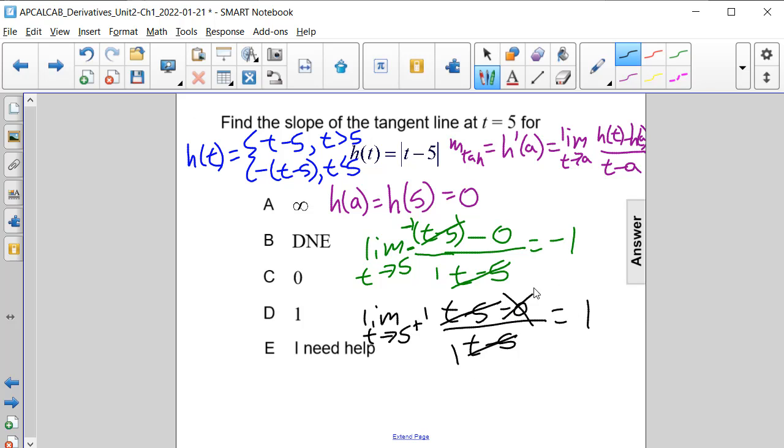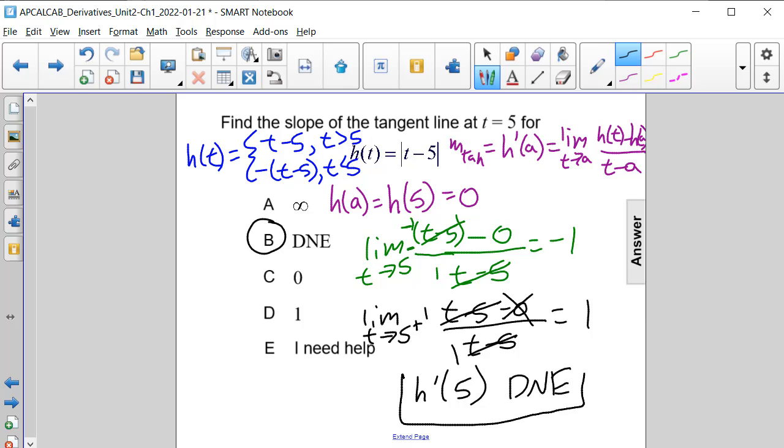Well, the left and right-handed limits are not the same, so therefore it does not exist. And therefore h prime of 5 does not exist. Or answer choice B.